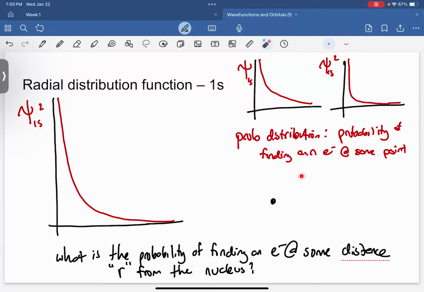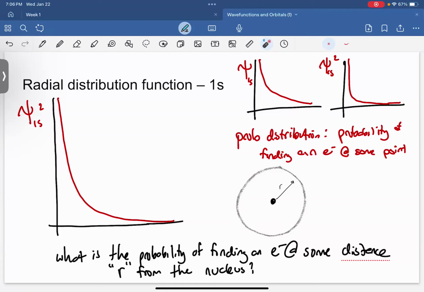That's what the probability distribution can tell me. But that's not the question I'm asking. I'm asking, what's the chance of finding an electron anywhere at this distance, say this is a distance r from the nucleus. I don't care whether it's here or here or here or here, anywhere along this distance. And in fact, in 3 dimensions, this is a shell at this distance r.